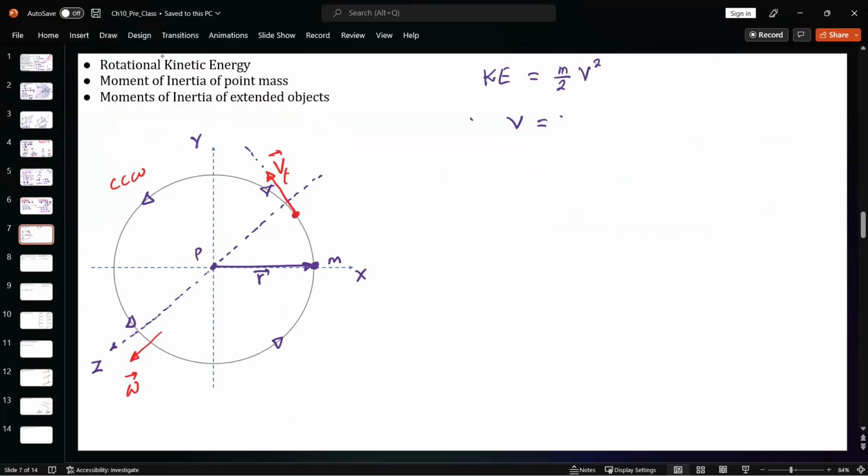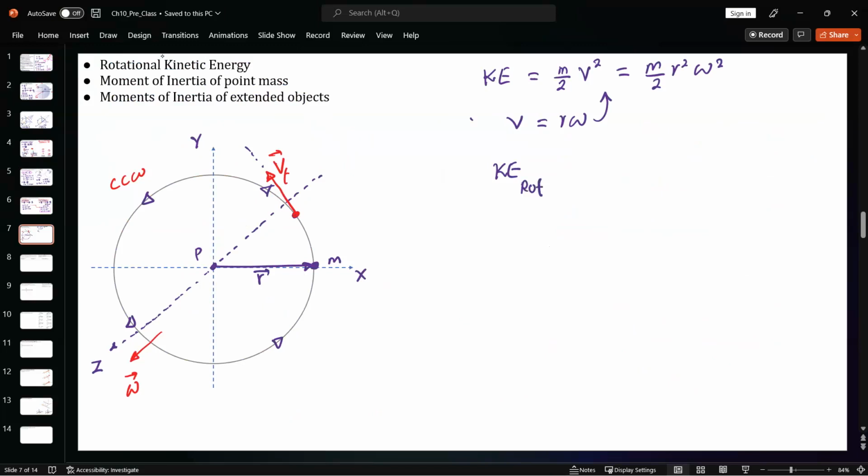We know v equals R omega. Let's plug that back in here. Then I can find the kinetic energy simply equals m over 2 times R squared times omega squared, right? Now I have all rotational quantities.